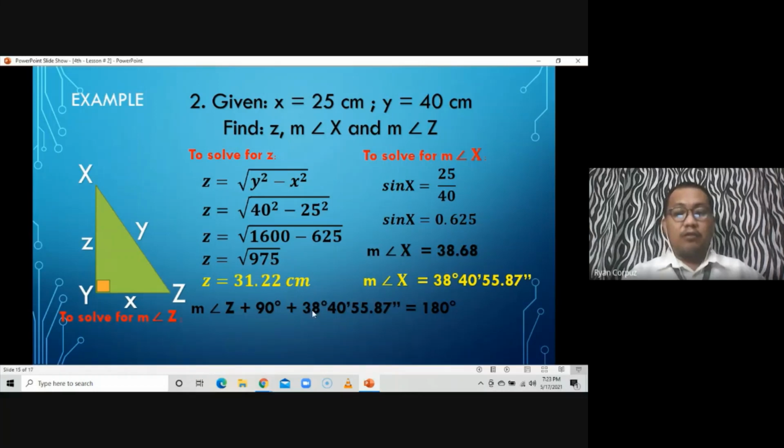So, i-add natin yung dalawang to, we'll come up with 128 degrees, 40 minutes, and 55.87 seconds.